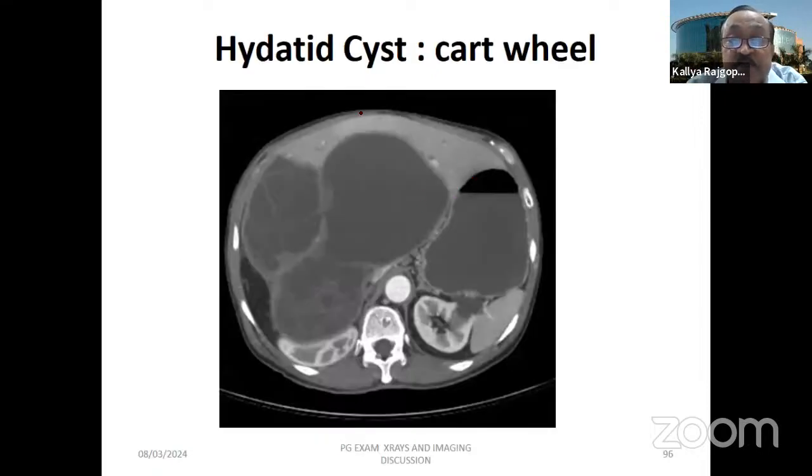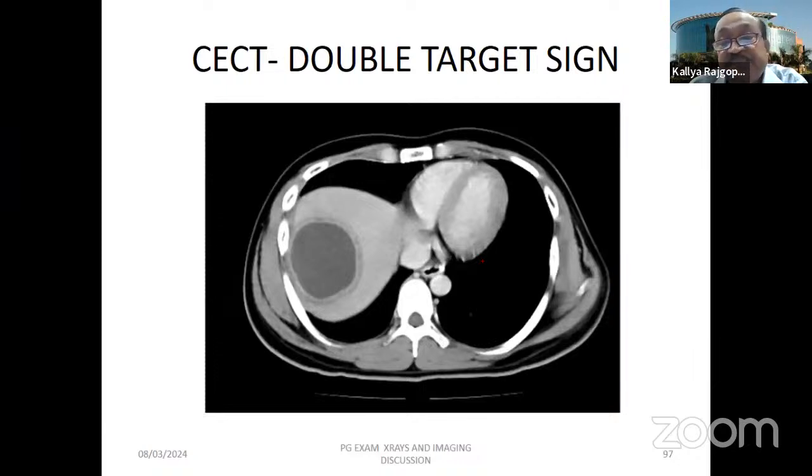Another picture of the same thing. Here septae are seen, but here it is not seen. Whatever you are seeing is one of the important images here to know that this is the liver. And remember, this is a contrast given here, an oral contrast. So that is how you make a diagnosis of a hydatid cyst.